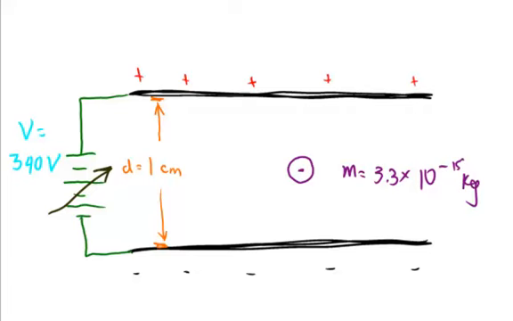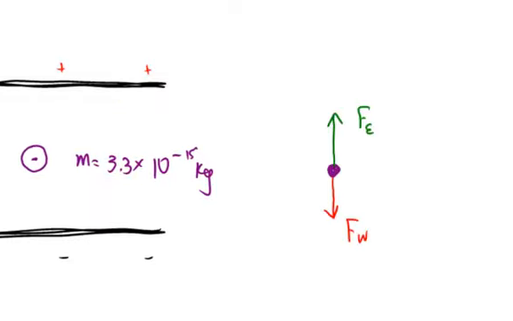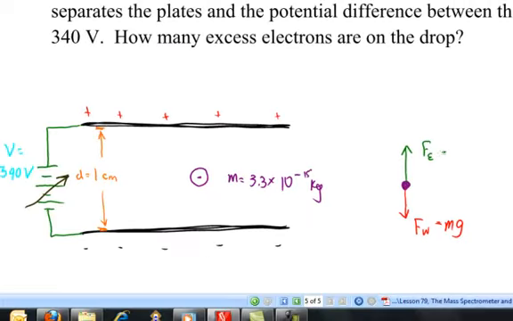Let's sketch a free body diagram of this droplet. In many electrical problems and magnetic problems, we neglect the gravitational force. In the Millikan Oil Drop Experiment, however, the gravitational force is necessary because it's the gravitational force that actually pulls the droplet in one direction. We know the gravitational force is equal to m times g. The electrical force is given by Q times E, and we're trying to figure out what Q is.